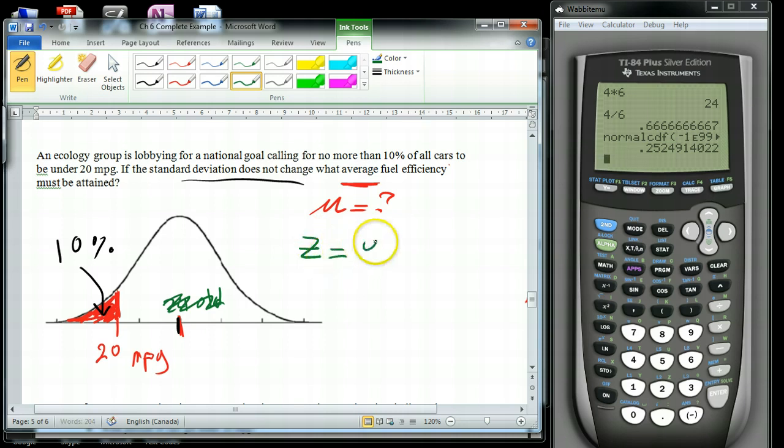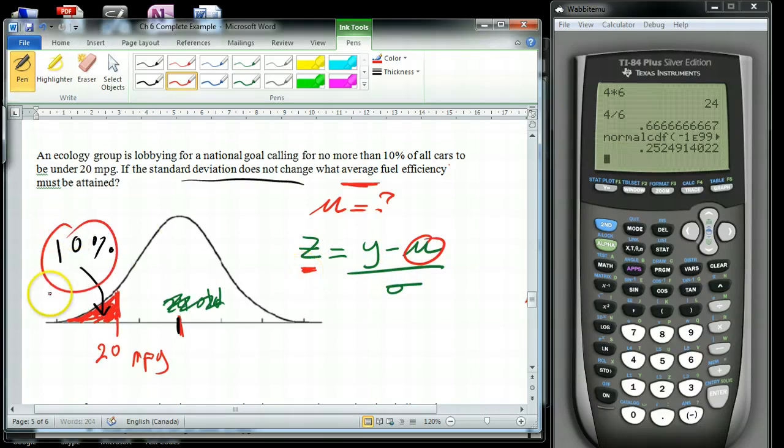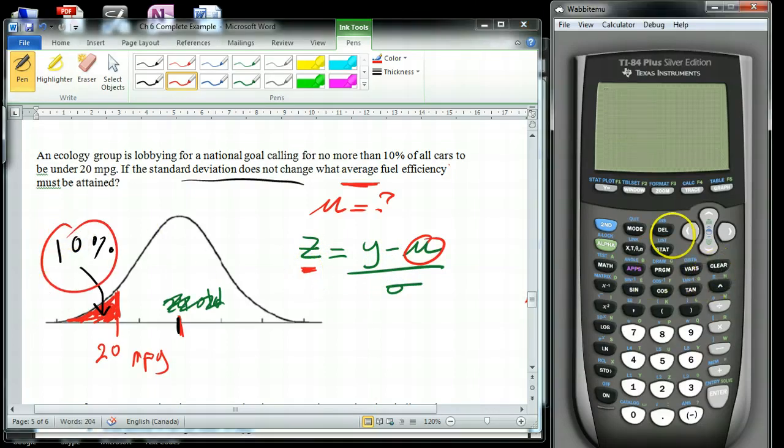We have z-score equals y minus mu divided by the standard deviation. Again, we're looking for mu here. The standard deviation didn't change. Our y value is going to be 20. And we need to calculate the z-score. The z-score we can calculate from the 10%, so let's do that first.